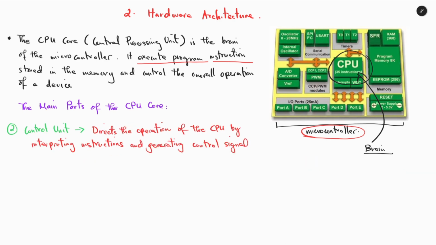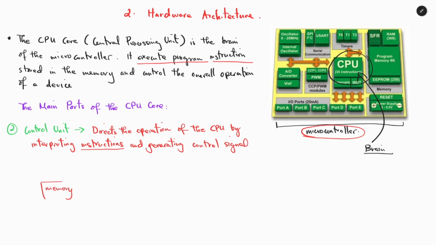And now we have what is called the control unit, which is the second main part inside the CPU core. The function of this control unit is to direct the operation of the CPU by interpreting instructions and generating control signals. And we know that the instructions are stored inside the memory.